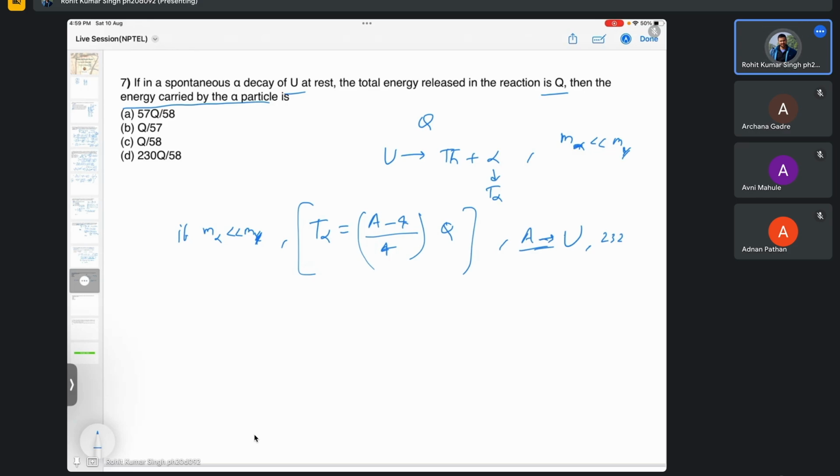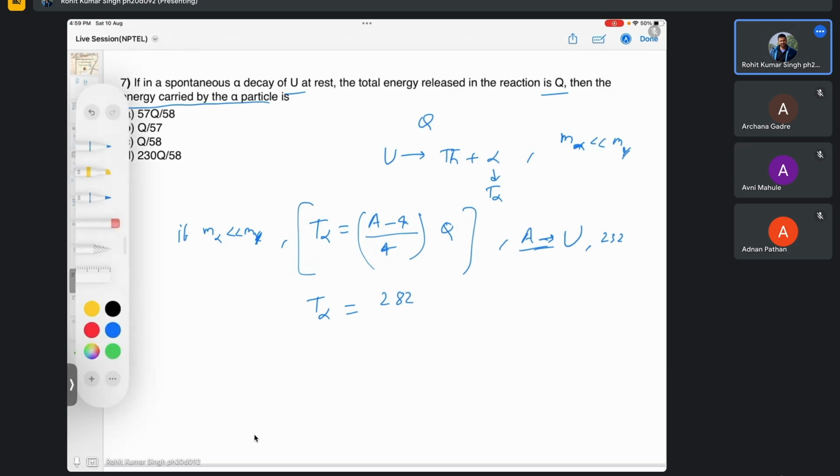So we can calculate it. The numerator will be 228 divided by 232 Q, which will be then 57 by 58.